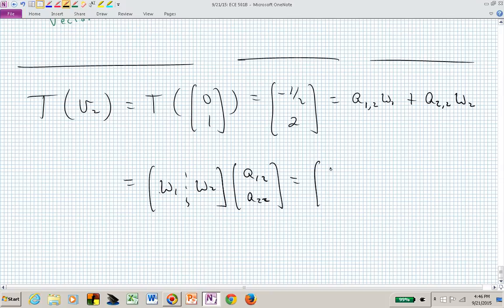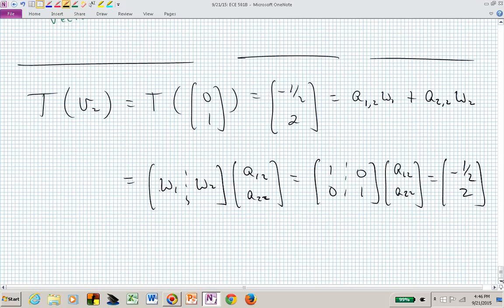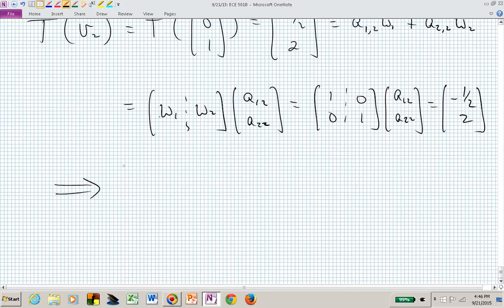Again, W1 and W2 are the identity matrix. And we now see that we have A12 and A22 being minus 1/2 and 2.